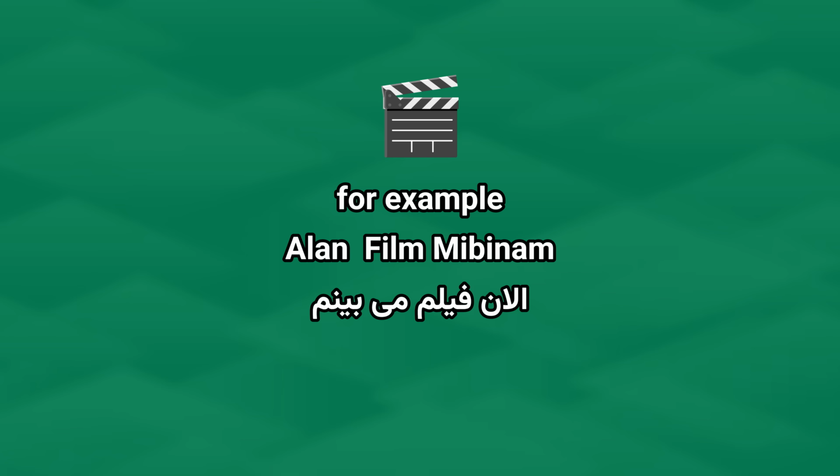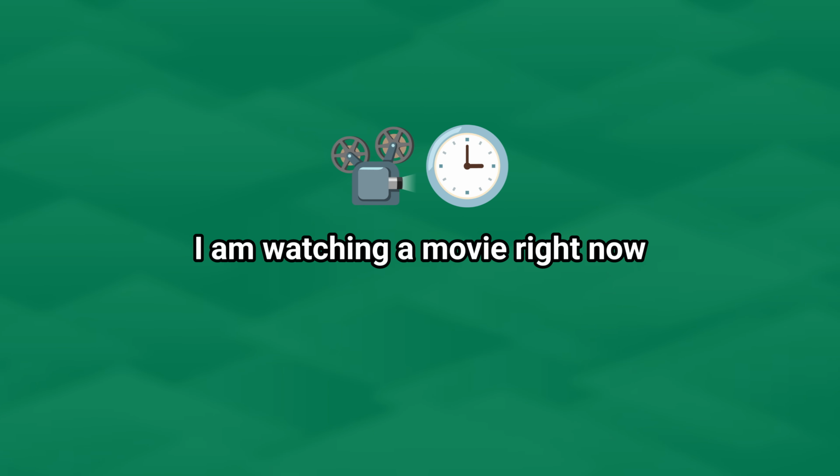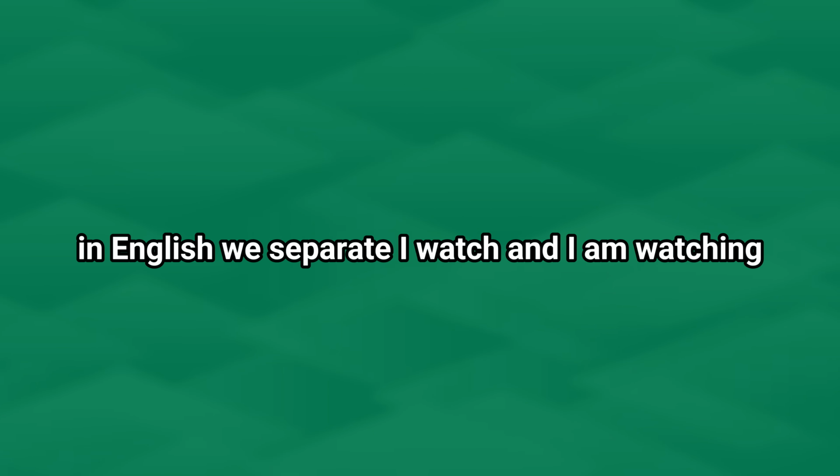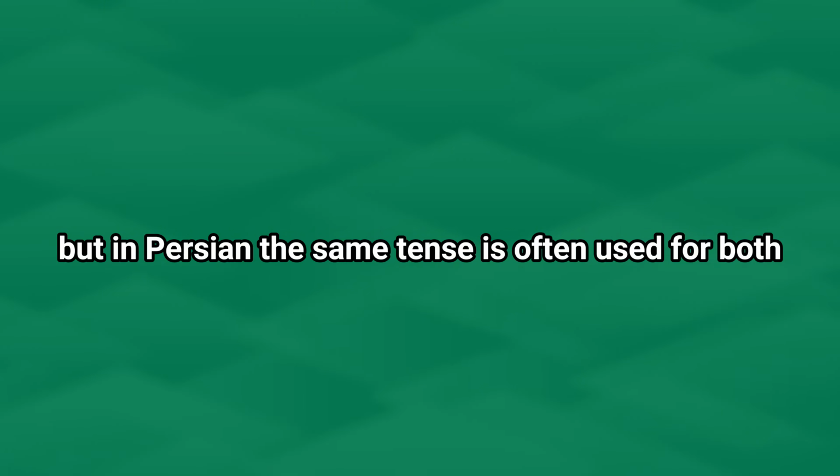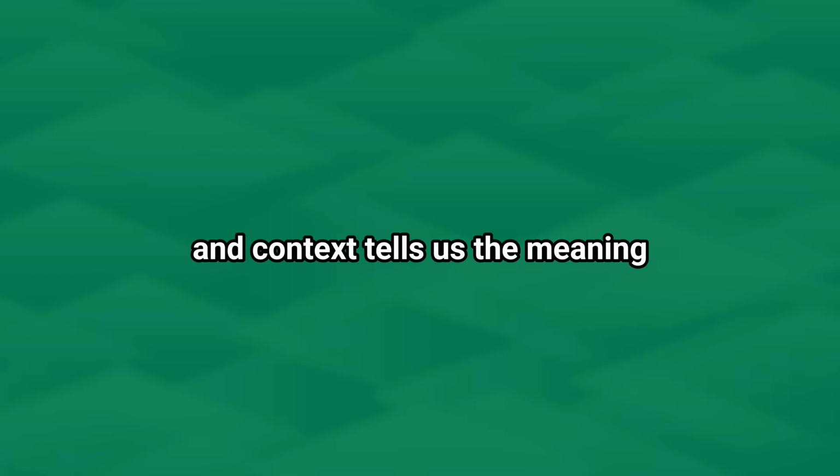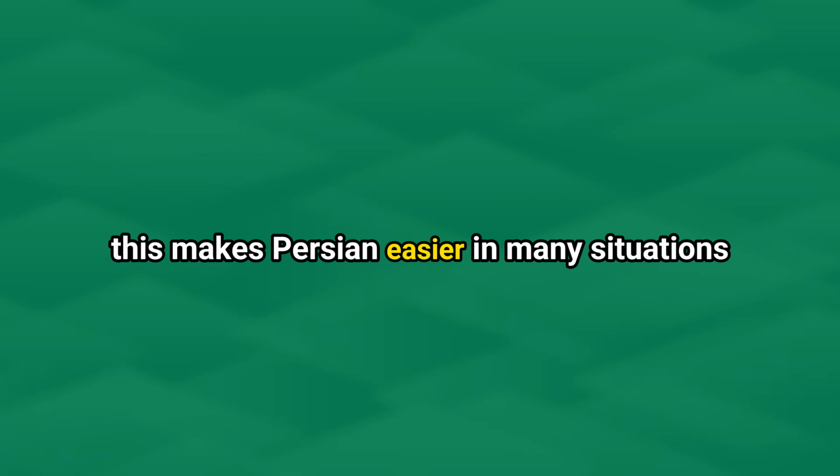For example, الان فیلم میبینم. I am watching a movie right now. In English, we separate I watch and I am watching. But in Persian, the same tense is often used for both, and context tells us the meaning. This makes Persian easier in many situations.